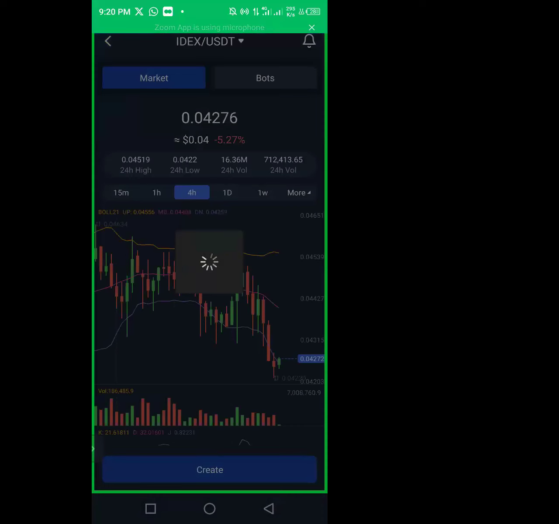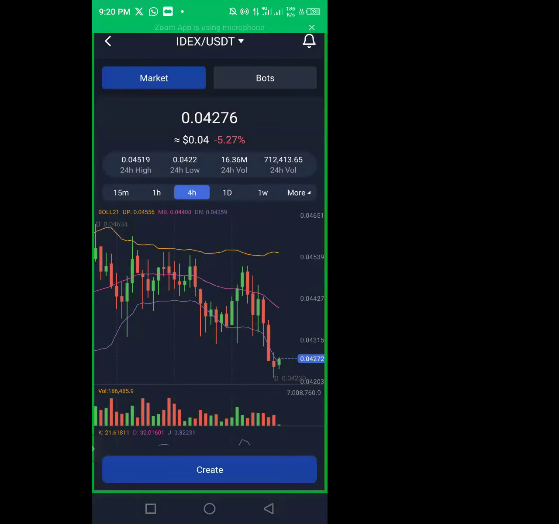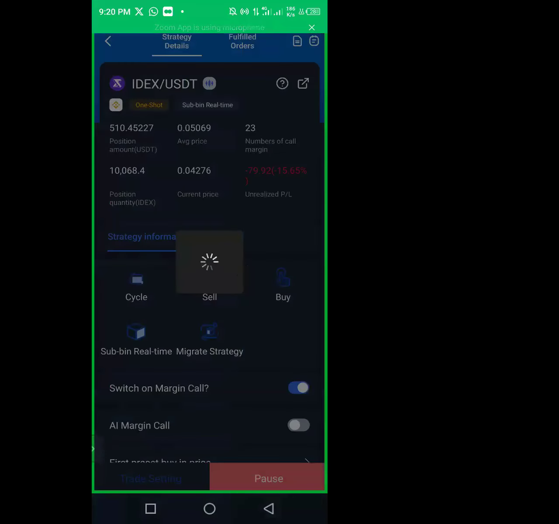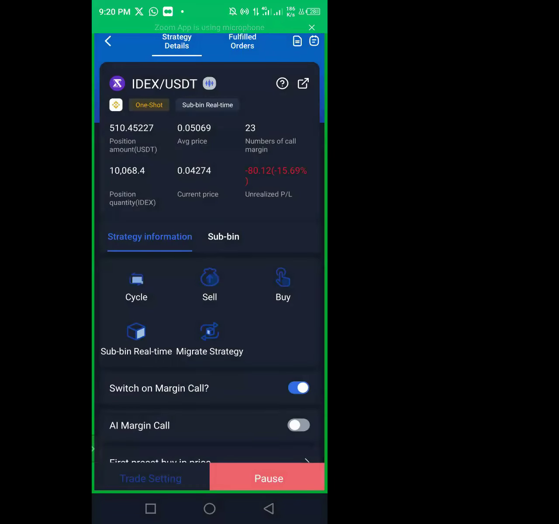If my return rate now is -15%, and I do this manual replenishment with 100% of my position amount in USDT or more, I will reduce my unrealized percentage, the return rate, by half.